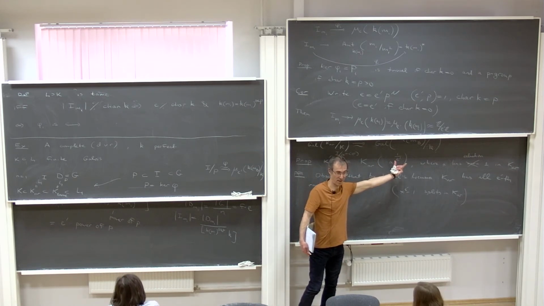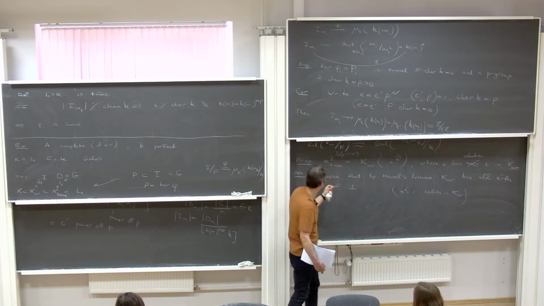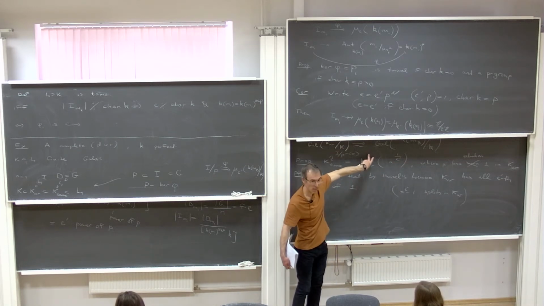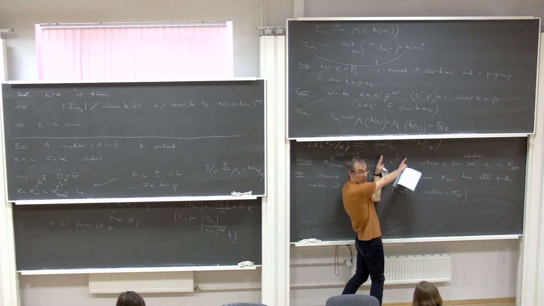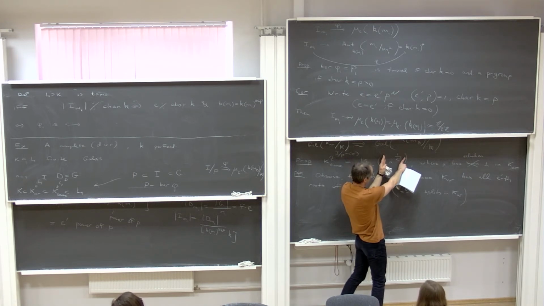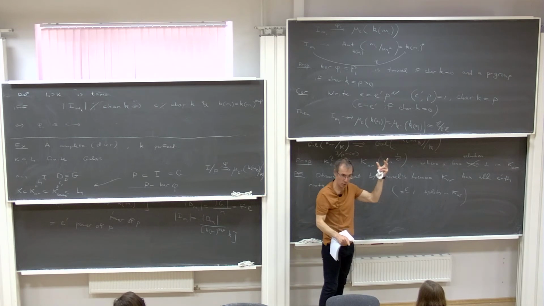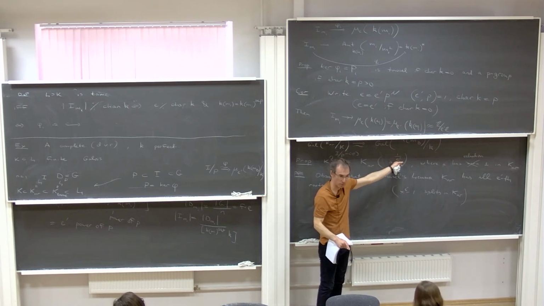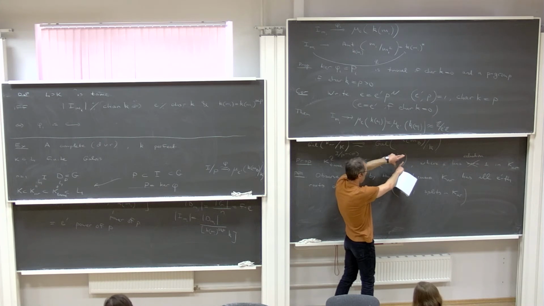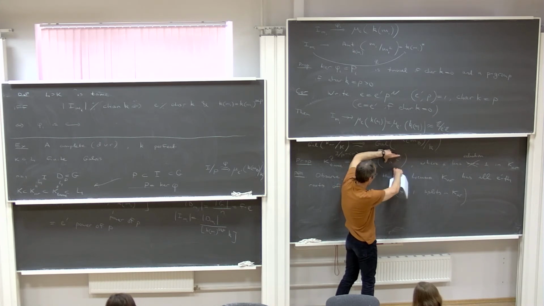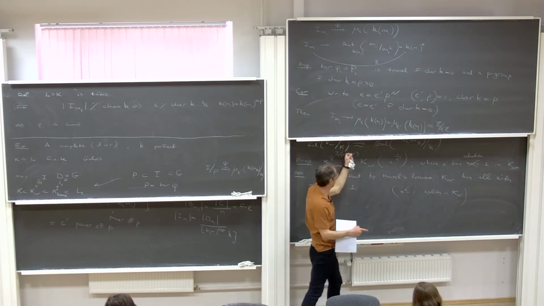Its power must belong to this field, because under the action of sigma, this element gets multiplied by a root of 1 of this order. So if I take the appropriate power of this element, I get an element invariant under sigma.